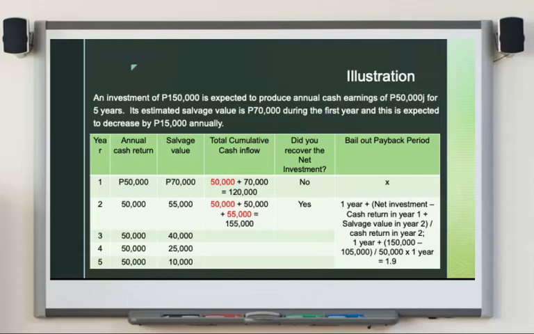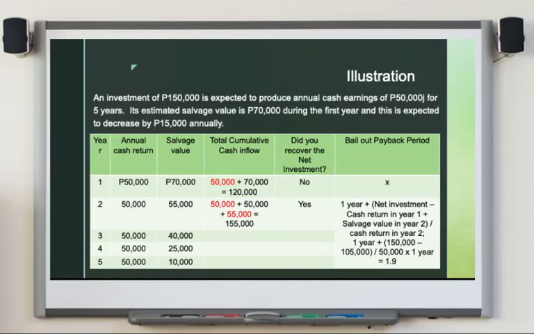And to compute for the ratio or the proportion of the remaining amount that needs to be recovered from the initial investment, I want you to take note of this computation. You first deduct the cash inflow from the first year, and that is 50,000, from the initial investment of 150,000.